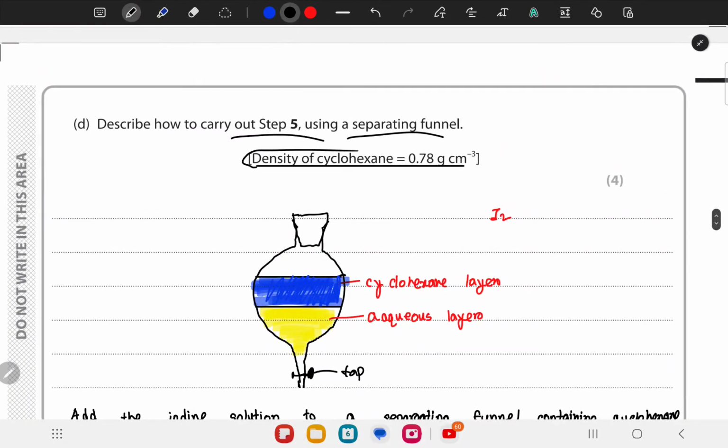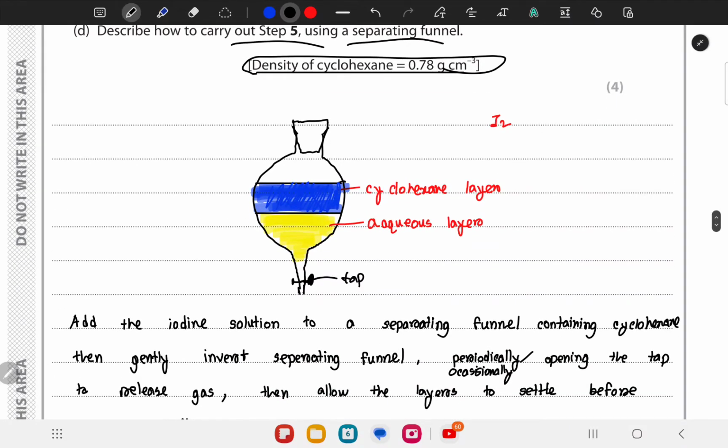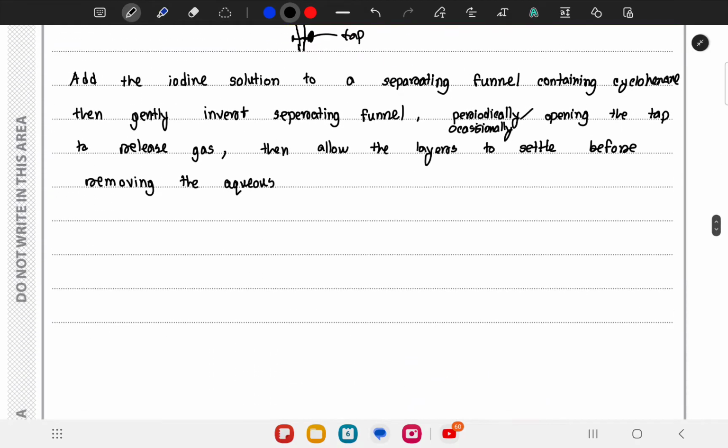Since we are given this detail about the density, we have to show that we know that the aqueous layer is going to be at the bottom.